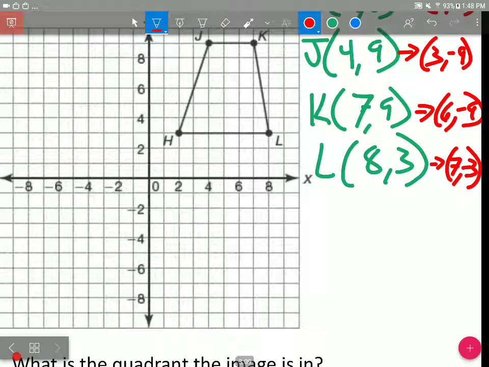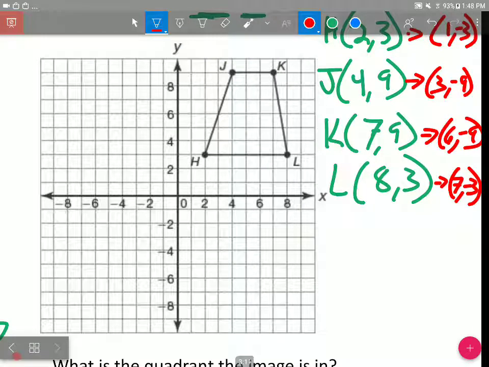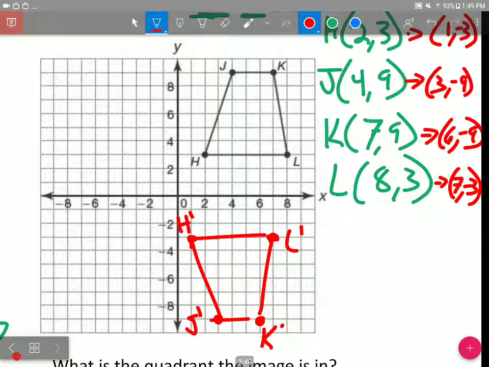And let's plot that real quick. 1, negative 3, that's H. 3, negative 9, right there, that would be J. K is 6, negative 9. And L is 7, negative 3. That is where it is.